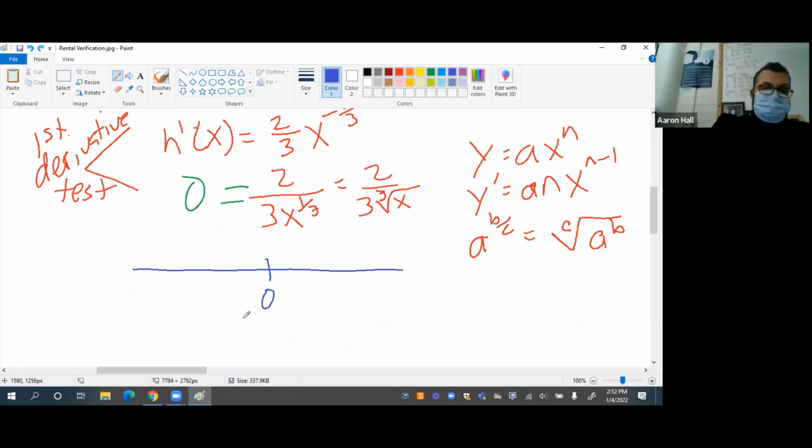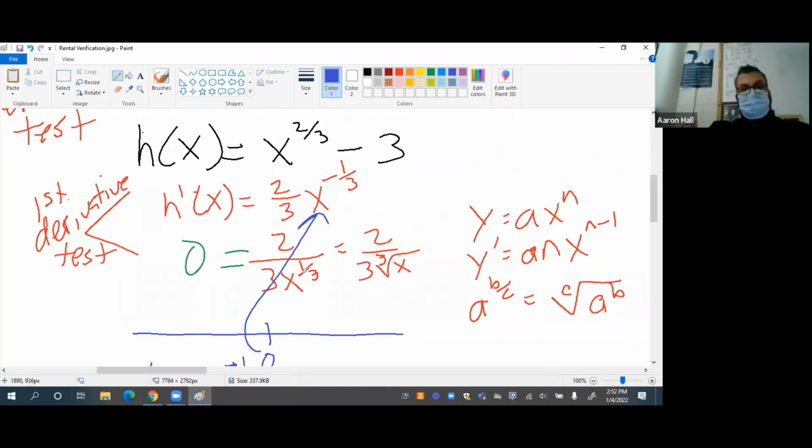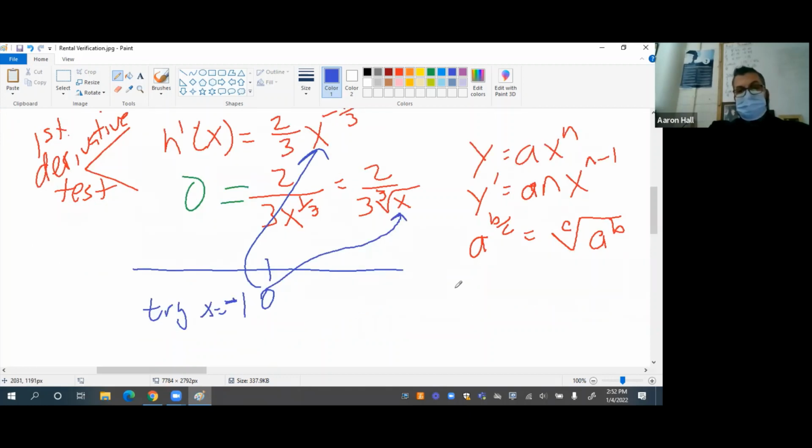Okay, we want to try x equals -1. When I plug that in here, what does that give me? Is that positive or negative? Actually, if it helps, you could plug it into here. So what is a cube root?